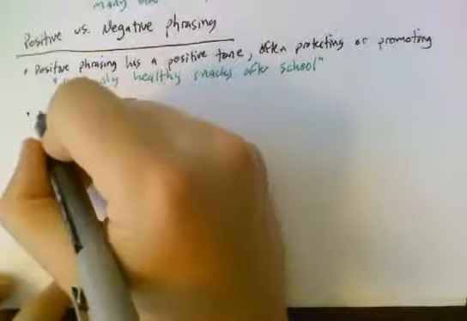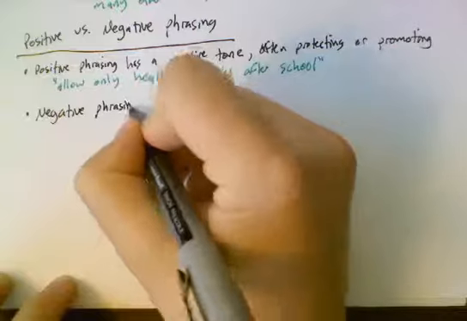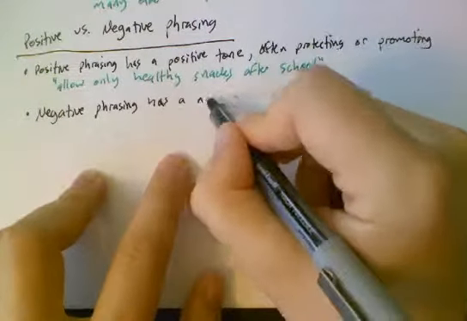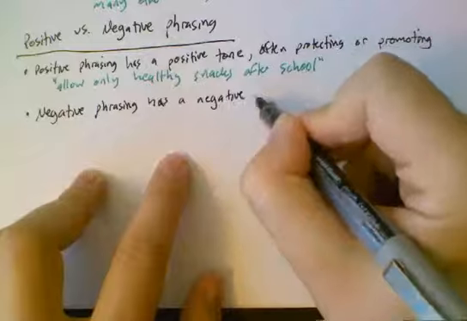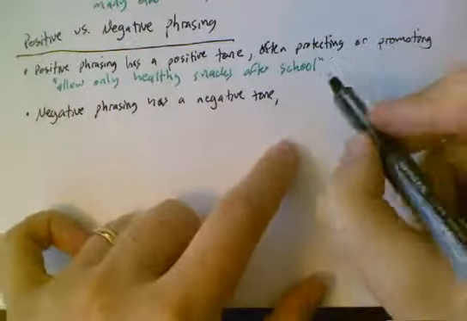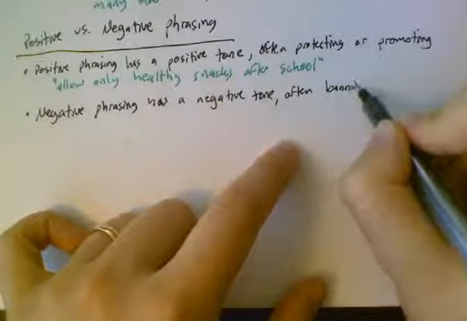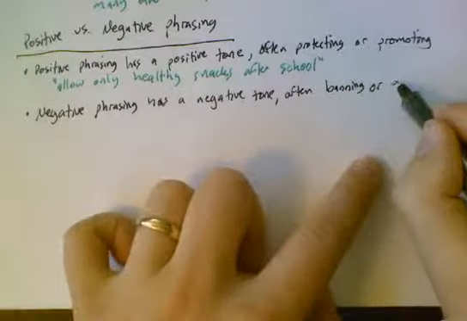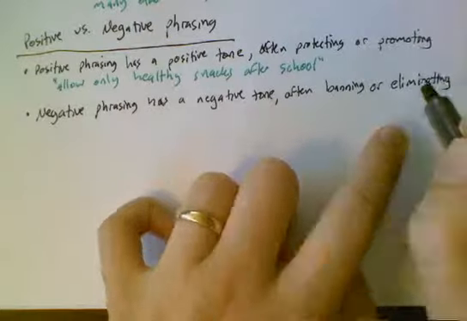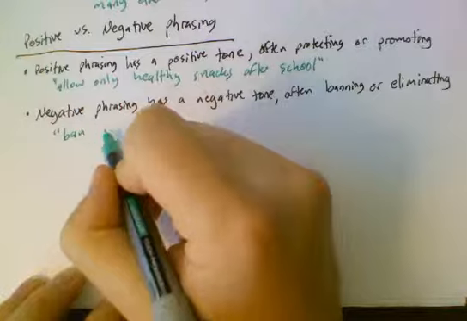Whereas negative phrasing has a negative tone, often banning or eliminating something. So, for example, ban junk food.